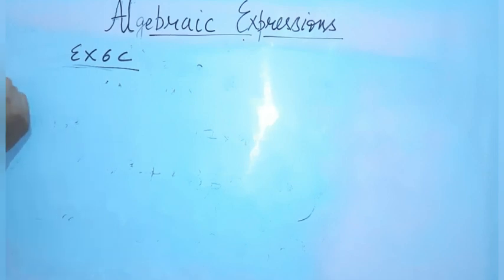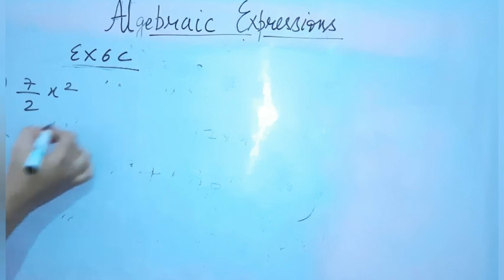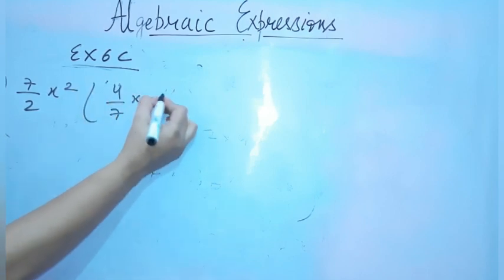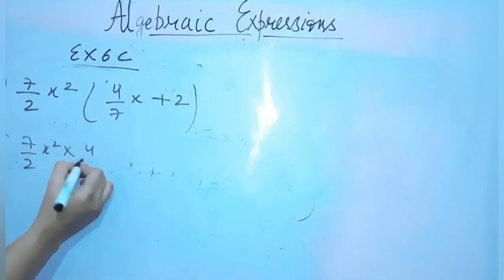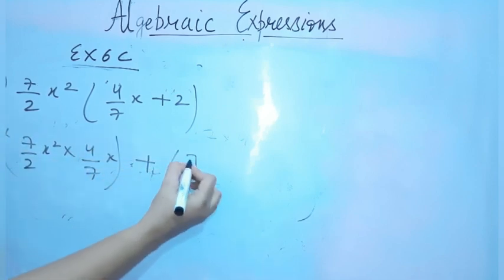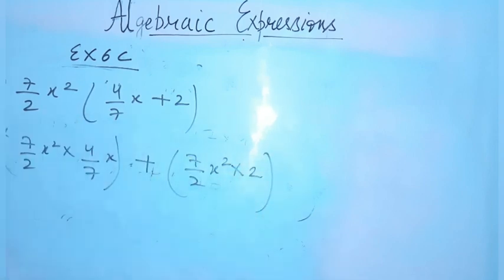So question number 9 is 7 upon 2 x square within bracket 4 upon 7x plus 2. So 7 upon 2 x square will be multiplied by 4 upon 7x. Bracket closed, positive sign. 7 upon 2 x square will be multiplied by 2. Now we have to check whether anything can be reduced or not.